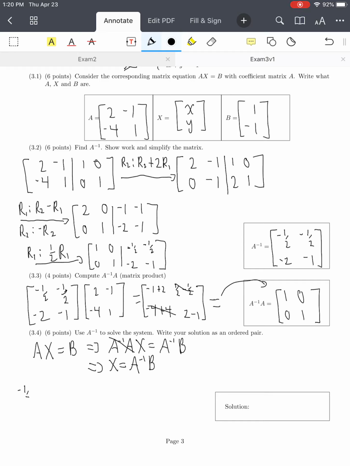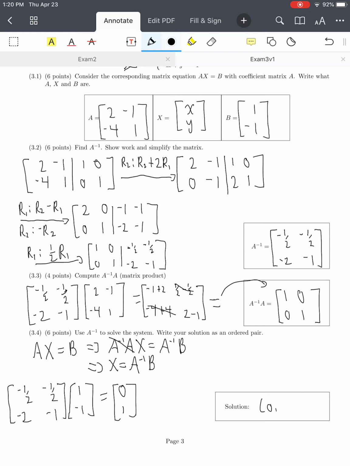So we have negative 1/2, negative 1/2, negative 2, negative 1, times 1, negative 1, equals, let's see, negative 1/2 times 1. So that's negative 1/2 plus 1/2 is 0. And negative 2 plus 1 is negative 1.